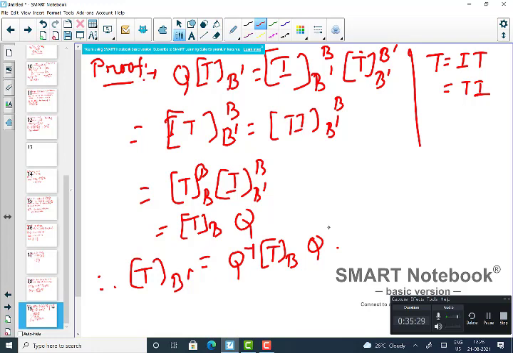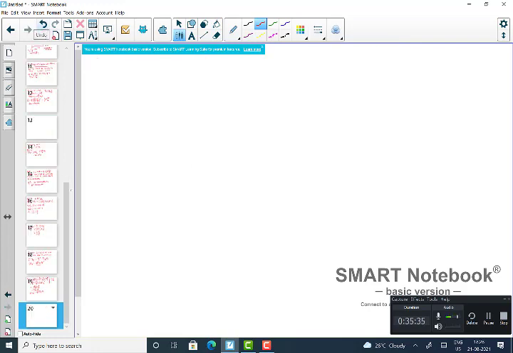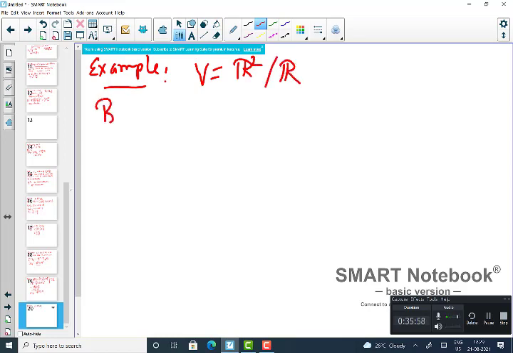Now let us see this with a proper example, and then we'll have more understanding of this. Take the same vector space R2 over R, with the same bases we already discussed.